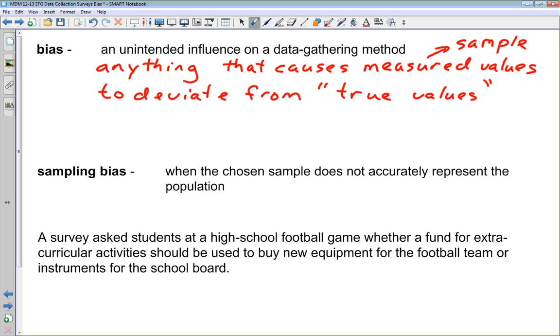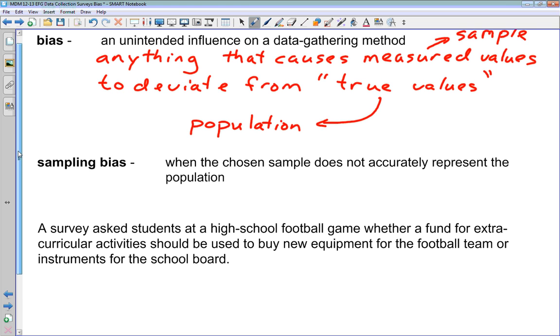So the true values, remember, are what you would measure if you could do a census of your entire population. We usually can't do that, so we're taking a sample, and bias is anything that causes our sample measured values to deviate from what the true values would be in our population.